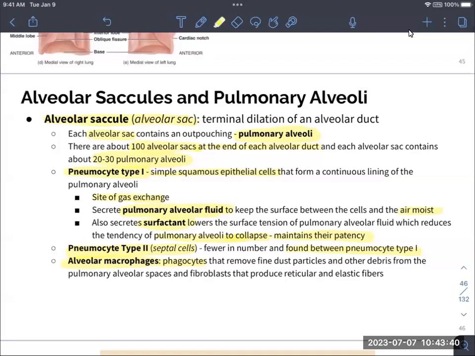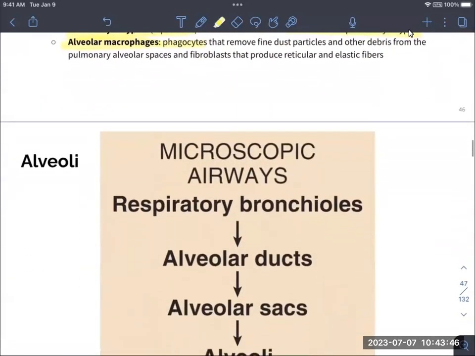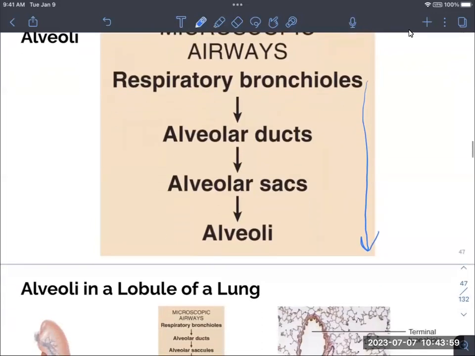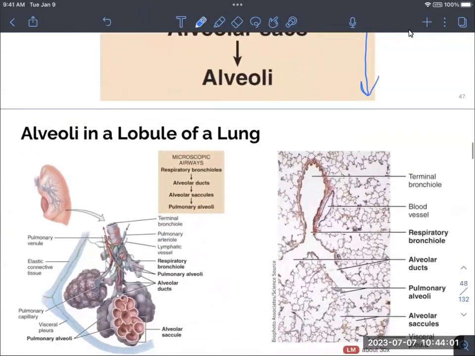They're removing any debris, anything that has made it down this far. So we go from those respiratory bronchioles to that alveolar duct, to the alveolar sacs, to the alveoli. This is where all this gas exchange is occurring.